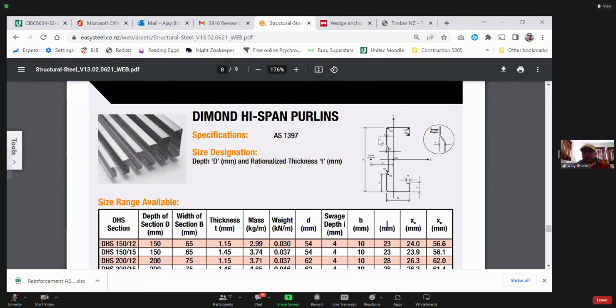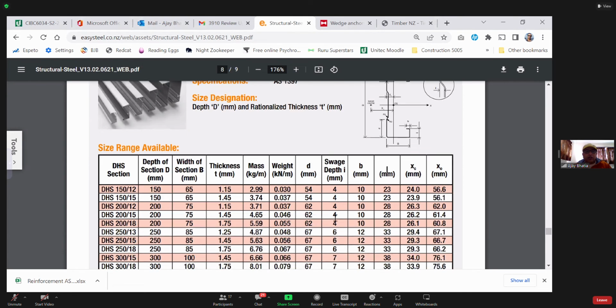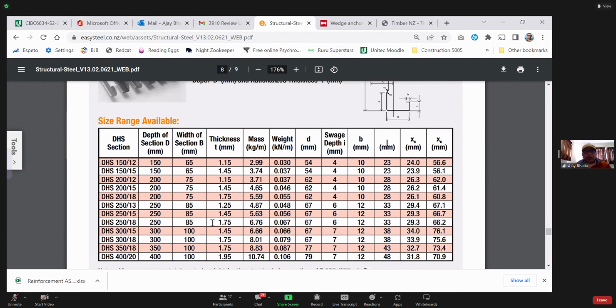So your cleat is going like this, coming from here, going like this. This is 260, and the width is 160, given to you. You need to measure this one. This is basically your B. When you go for DHS 250 by 18, your B is 85.